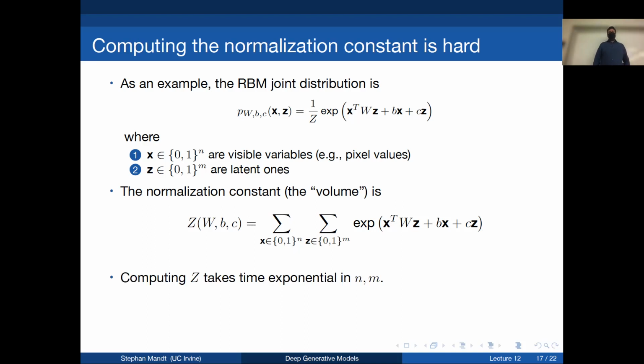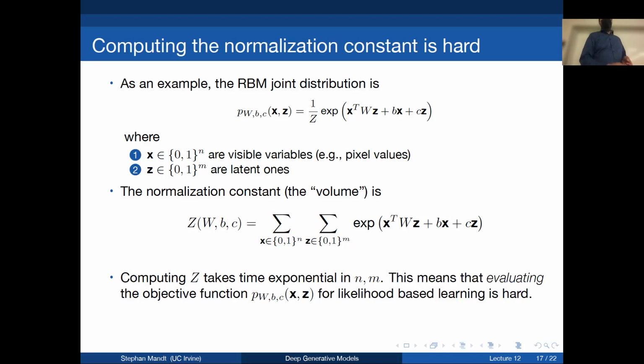Now, the problem is that this is actually exponential, right? It's basically exponential in the dimensions. And so in other words, the computing time is really exponential in both n and also in m, right? And both are typically in the thousands, if not even in the millions, if you wanted to scale it up to modern full resolution images.